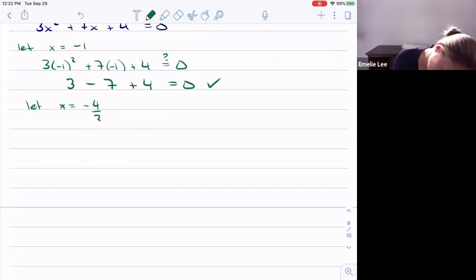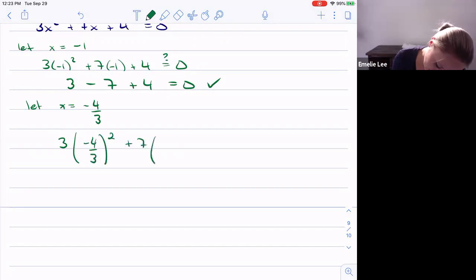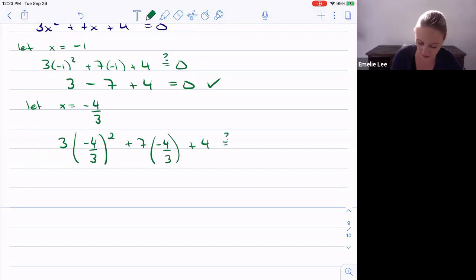Now I'm going to let x be -4/3. And I have that fraction now. 3 times -4/3 squared plus 7 times -4/3 plus 4. Does it equal 0? Yuck. We can do it, right? Notice that I can bring this square inside because I'm just dividing in here.